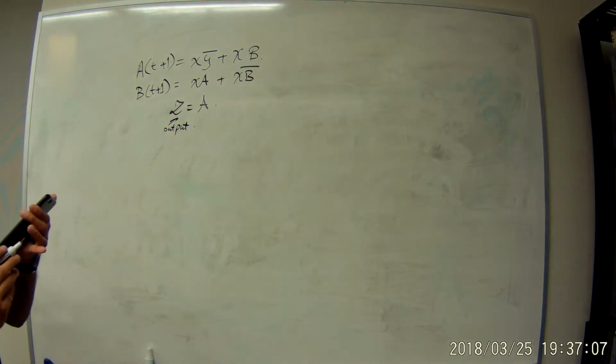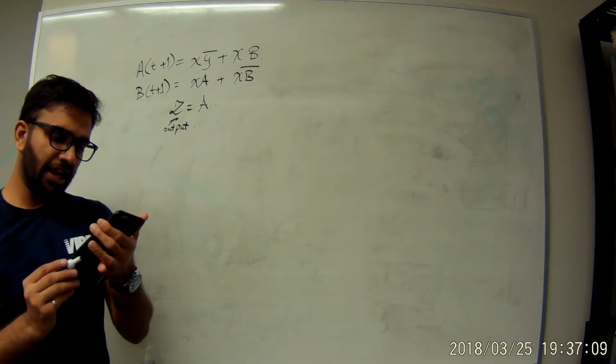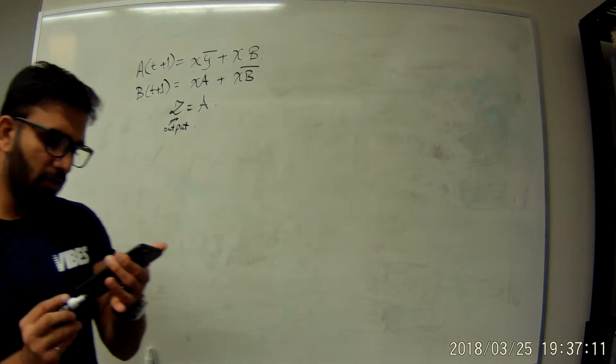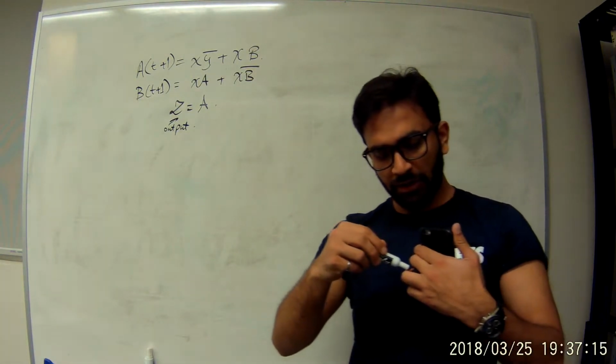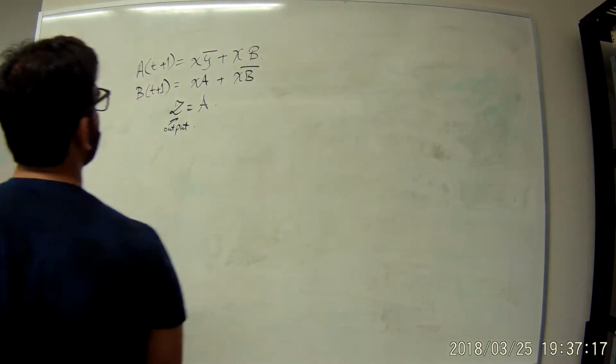And we're trying to draw a logic diagram of the circuit, list the state table for the sequential circuit, and draw a corresponding state diagram. So we're doing three things in this case.